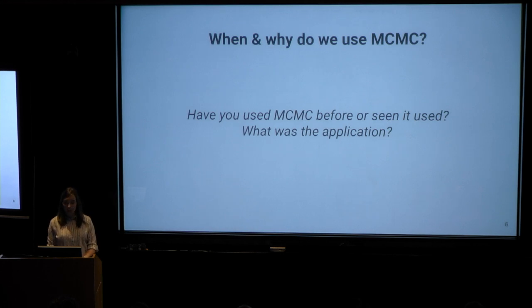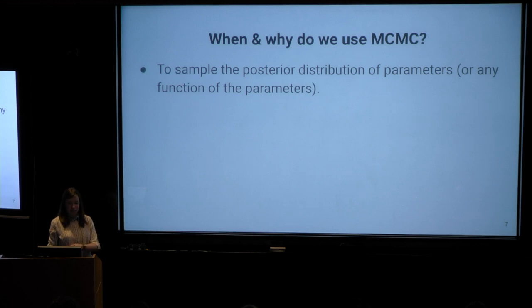I've put down a few things just to throw them out there, and you may recognize some of these from problems that you have faced, and maybe even things that you've seen people use MCMC to do. One way to use MCMC is if you want a posterior distribution of your parameter space.